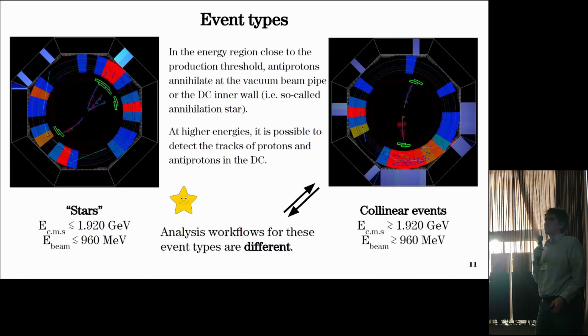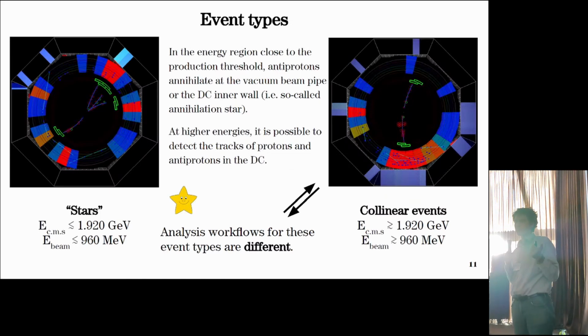And before I start talking about selection procedure and other stuff, I'd like to highlight the main goal and main challenge imposed in our work by the fact that we have a lot of soft momenta antiprotons.